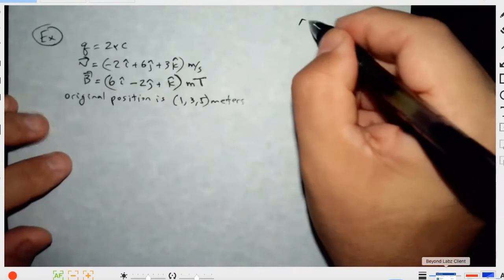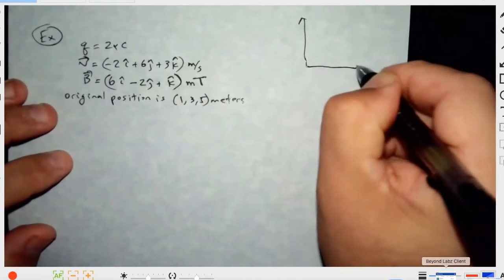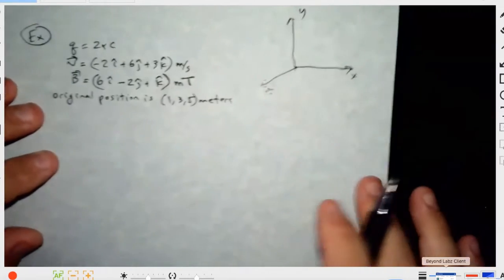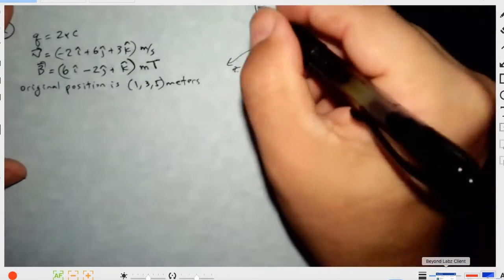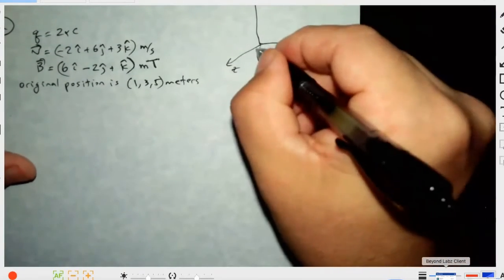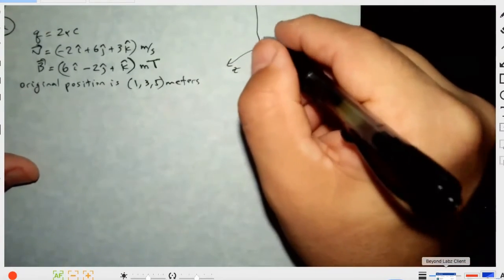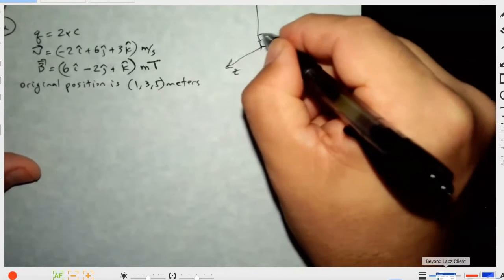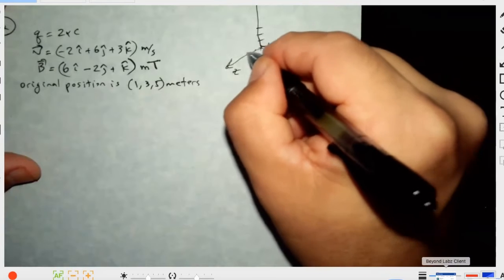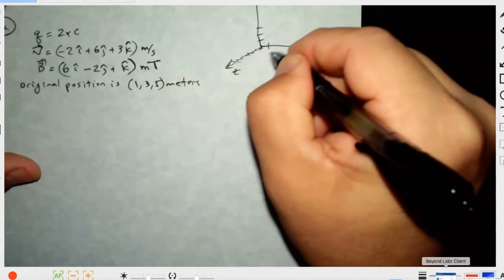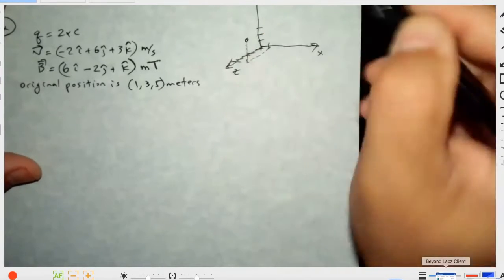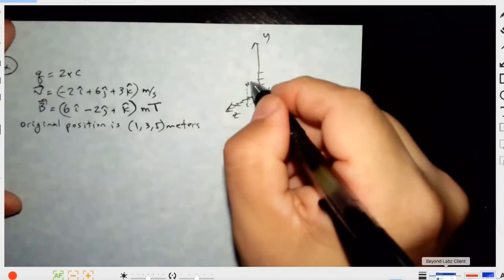So it looks something like this: X, Y, Z. Okay, so the charge enters this field, and you get here 1, 3, 1, 2, 3, 4, 5. So something like this. That's where the charge is, right?